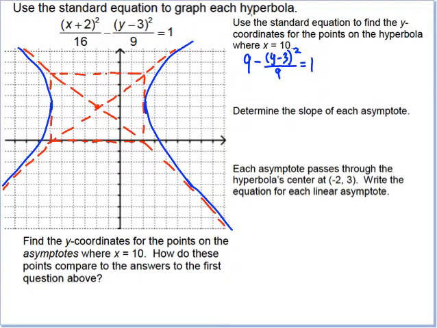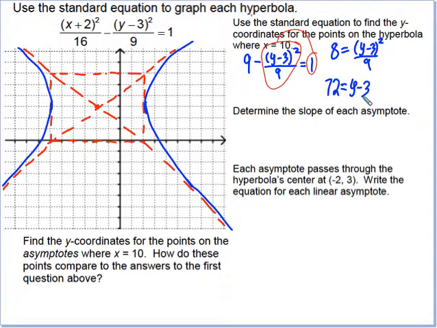Okay? The easiest thing to do now is take your 1 and take this fraction and just switch places. That will give you 9 minus 1, which gives you 8, equals your fraction (y minus 3) squared divided by 9. To get rid of that 9, multiply both sides by 9. You have 8 times 9 gives you 72, equals (y minus 3) squared.